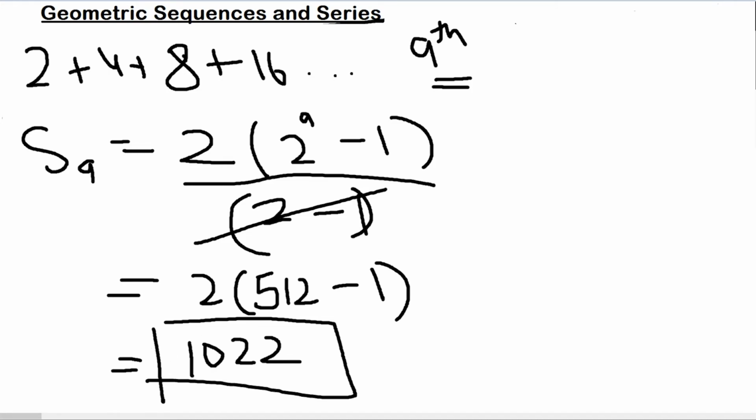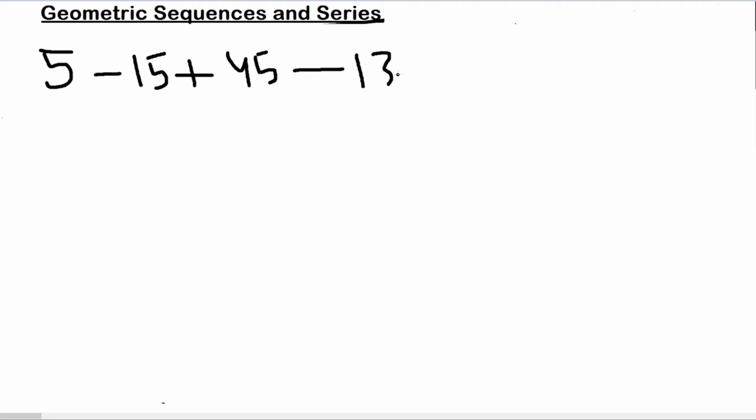Let's look at another one, this time with a negative sign. Just add a bit more spice. 5 minus 15 plus 45 minus 135, etc., till the 7th term.